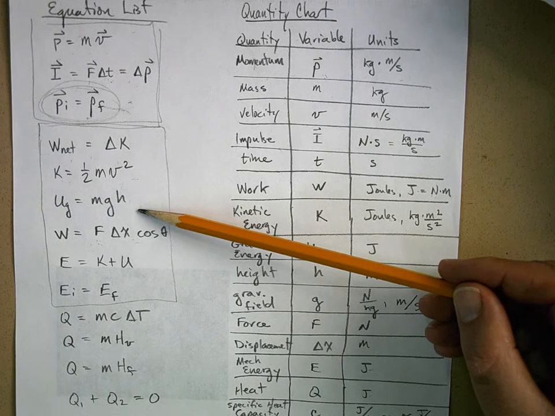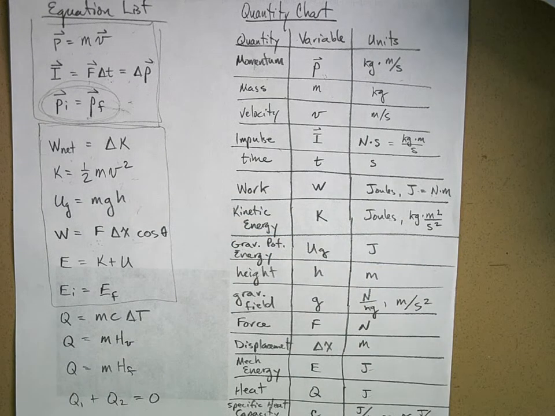And this is the work that gravity can do. If you're holding an object above a certain height, if you release that object, gravity is going to pull it down. The object will move down, and gravity will do work. Of course, when gravity does work, and if gravity is the only force doing work, all that gravitational potential energy will turn into kinetic energy as it accelerates downwards.